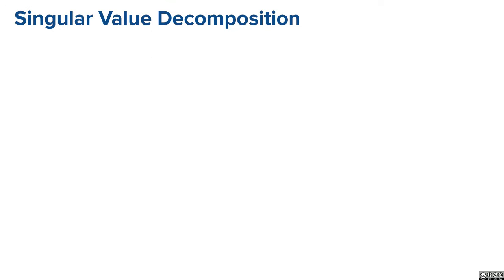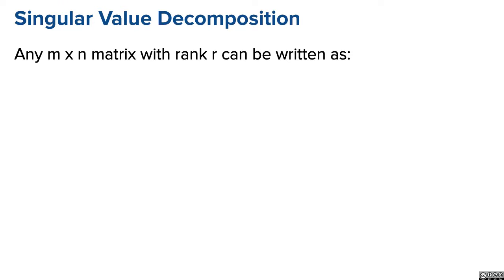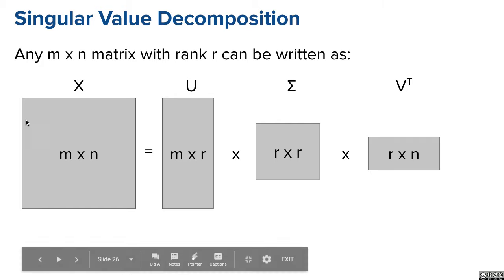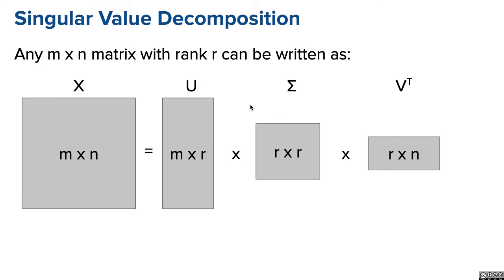Okay, and now I can talk to you about the singular value decomposition, which says that any matrix with rank R can be written as a product of three smaller matrices. We call the original matrix X, and we'll say that you can write X in terms of the product of U, sigma, and V transpose.